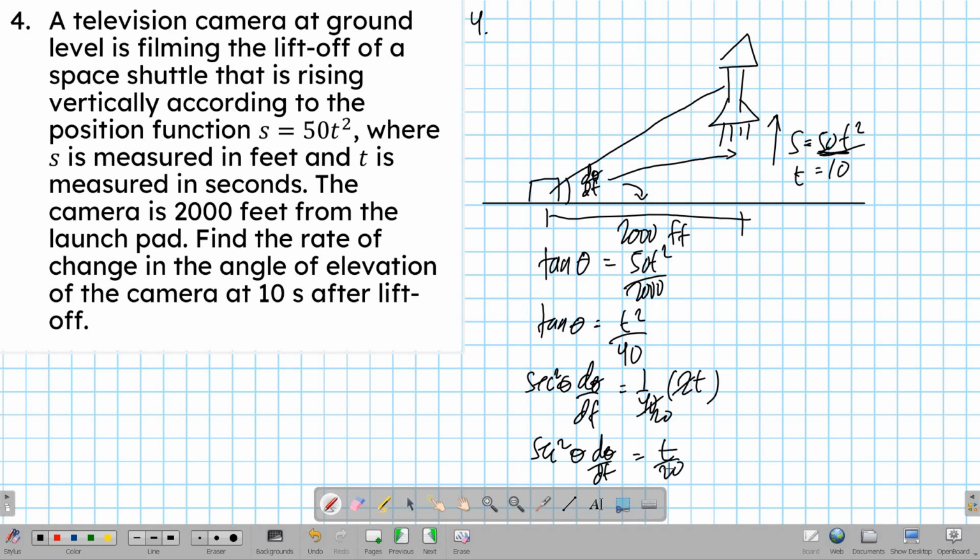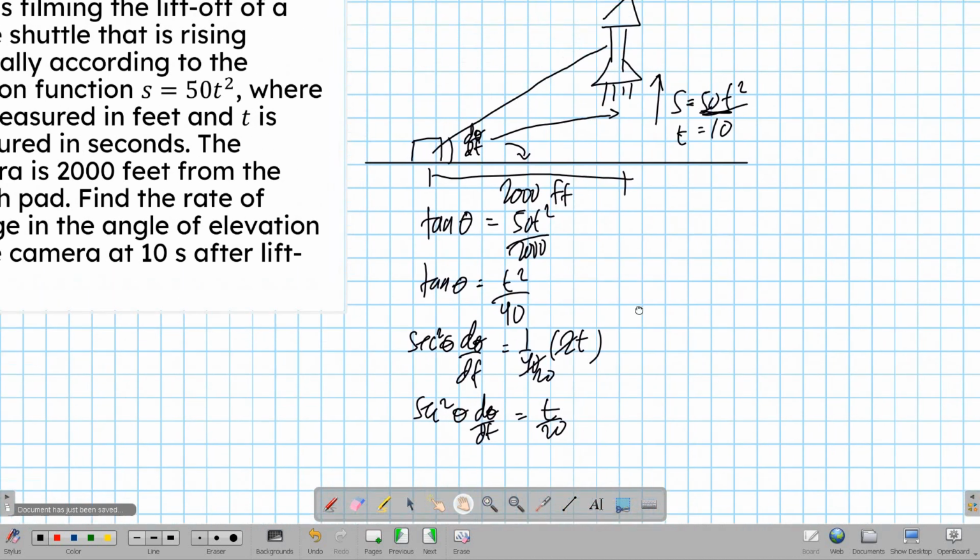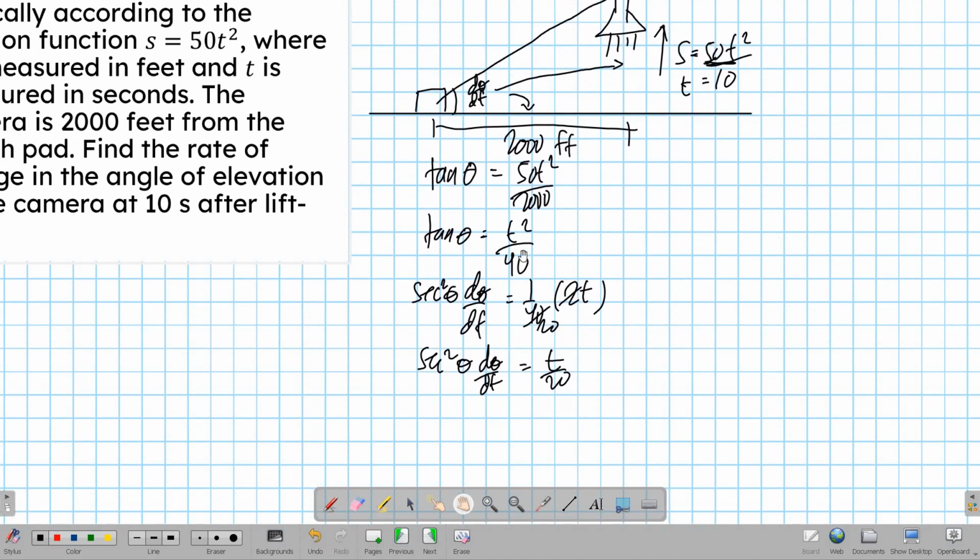Now, solving for d theta over dt, we divide both sides by secant squared theta.